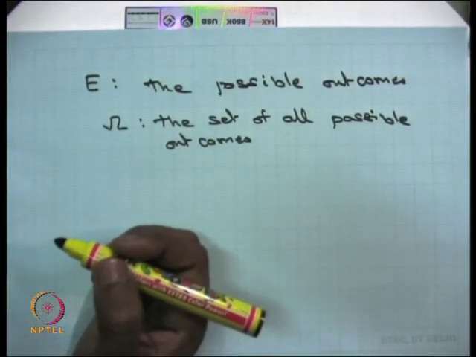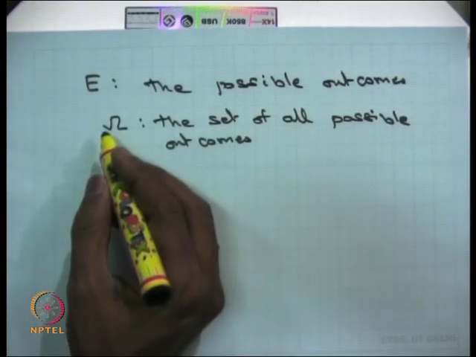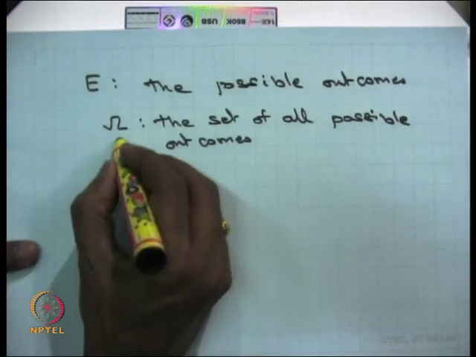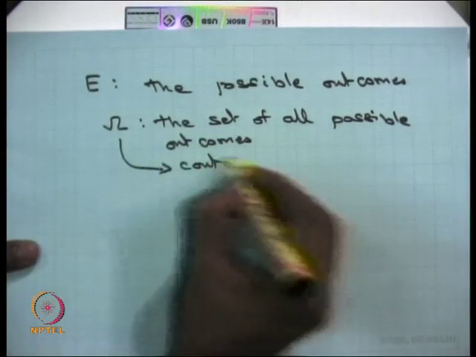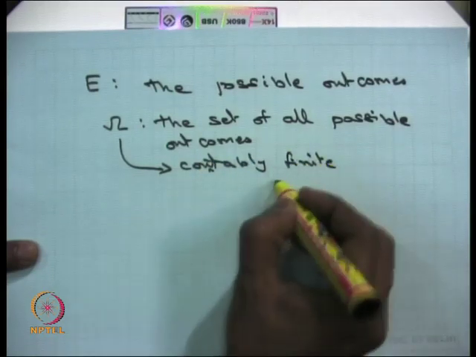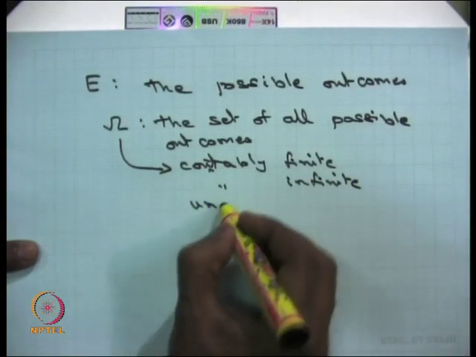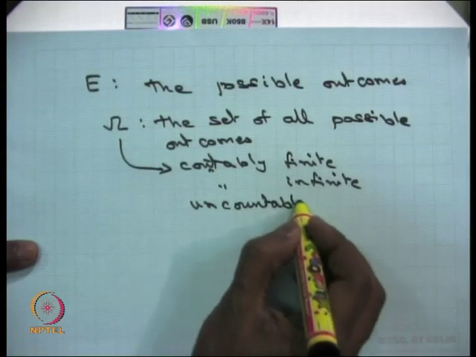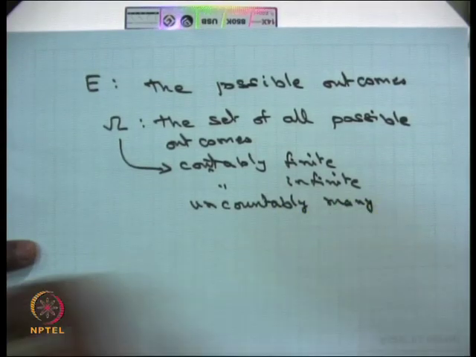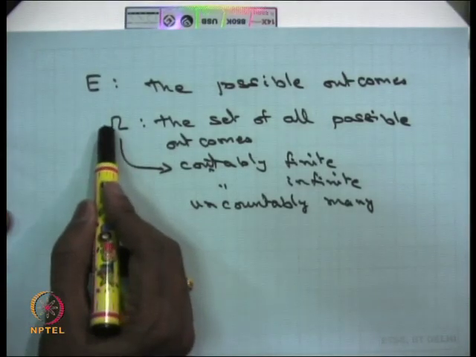The outcomes could be numerals or non-numerals, and the set omega could be countably finite, or countably infinite, or uncountably many. So, the way you have chosen the random experiment, when you start collecting the possible outcomes, that collection I put in omega.